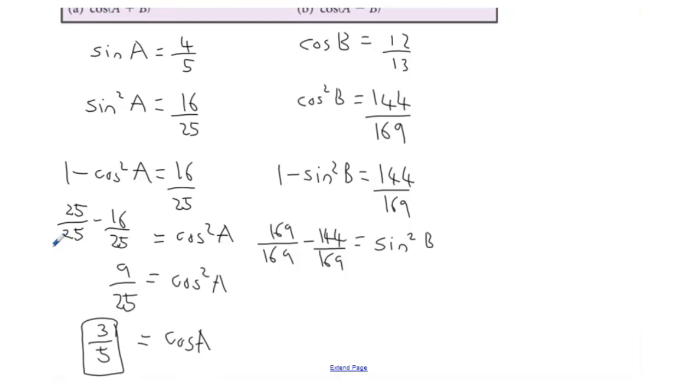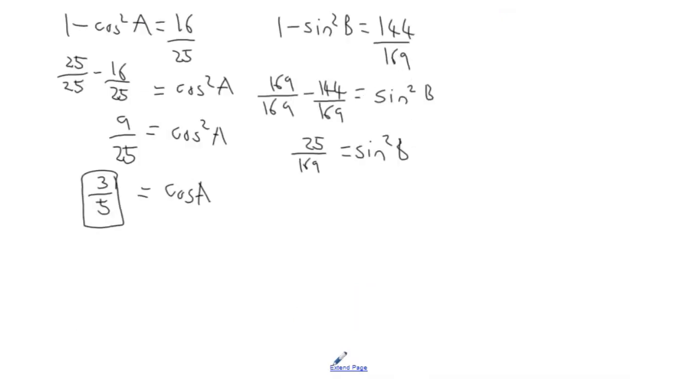Anyway, it's 25. 25/169 equals sine squared B. So sine B is going to be the square root of that. We know it is positive because we know it's in the first quadrant. So sine B equals 5/13.